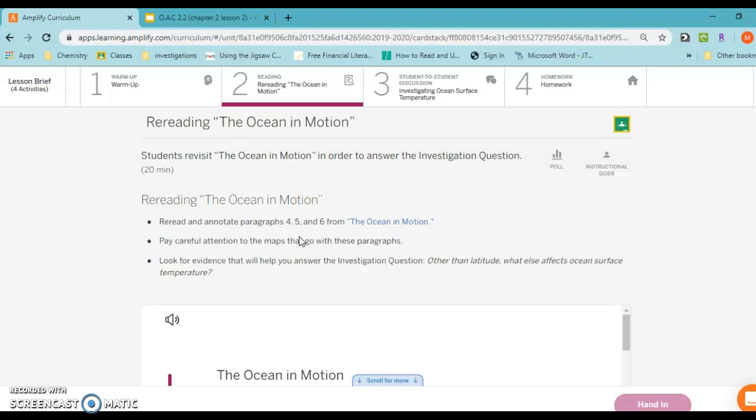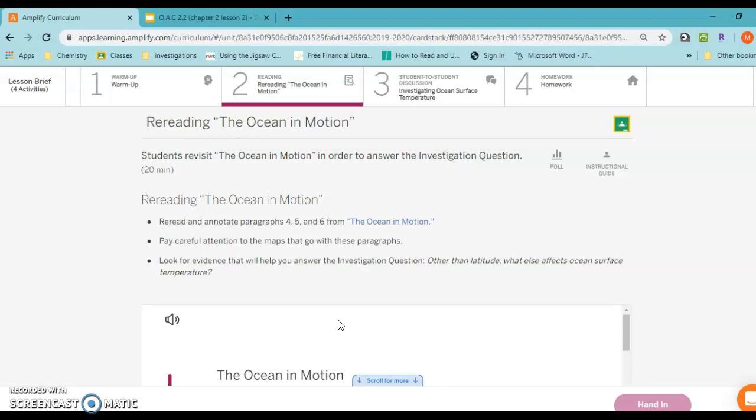And as we're reading, we're trying to answer the question, other than latitude, what else affects the ocean's surface temperature? Last time we read this, we did some annotations. I saw a really great annotation by a student in 601 who had asked some questions, and then as they read some more, they added more notes to answer those questions.